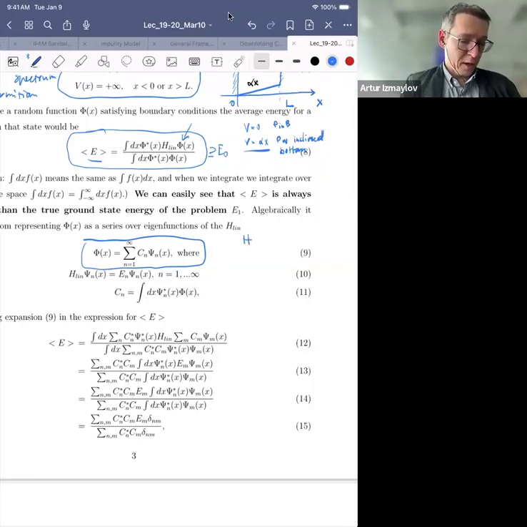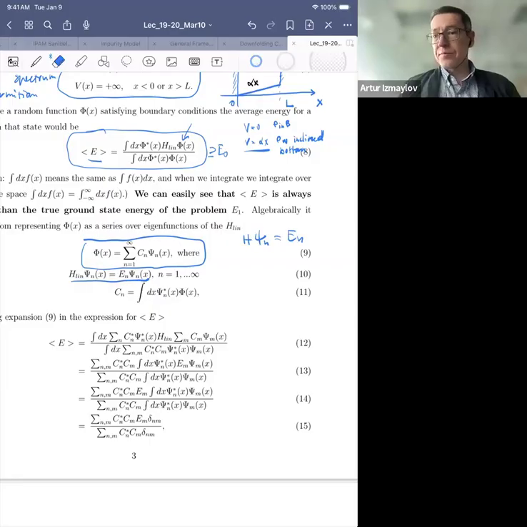So if we have eigenstates right there, then we know that any state is a linear superposition of those states, right?